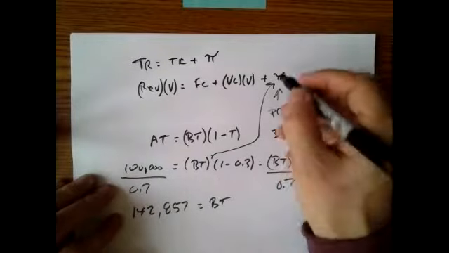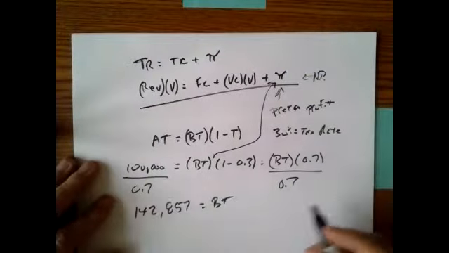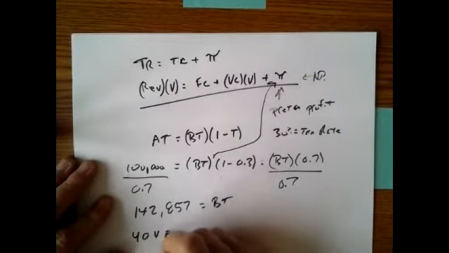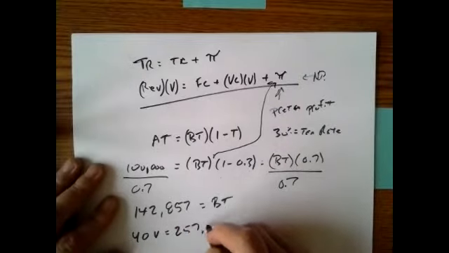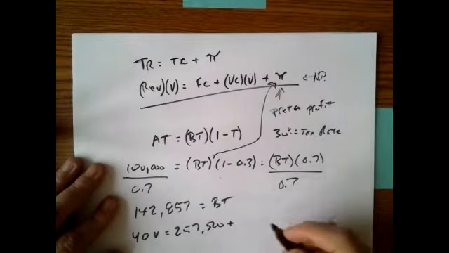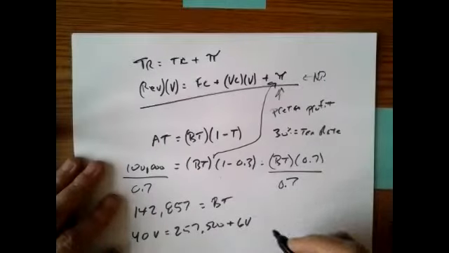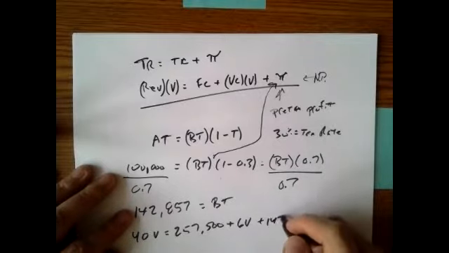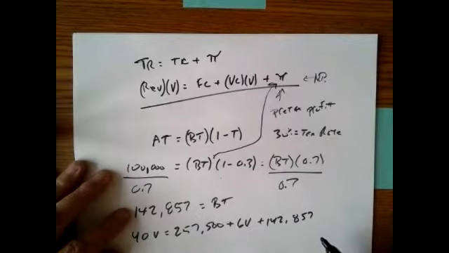In order to get the appropriate volume, we're going to plug all this back into this equation. So our revenue is $40 per visit. Our fixed costs are $257,500. Our variable costs per visit are $6 per visit. And then we have to include this 142,857 for our profit wedge.